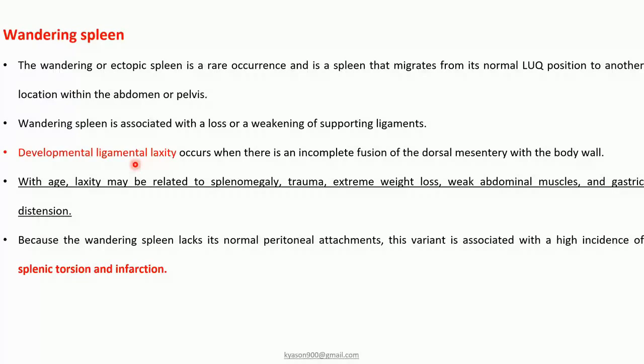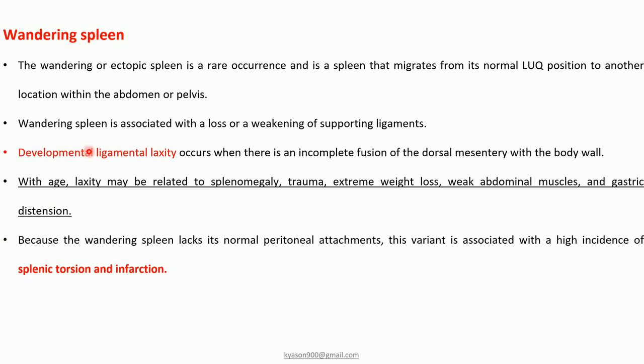If they are weak, as a result of incomplete development of the dorsal mesogastrium, it's possible for the spleen to easily wander or descend inferiorly to be located in other parts of the abdomen or in the pelvic cavity. If there is that developmental weakness of the ligaments as a result of underdevelopment of this dorsal mesogastrium, this can occur.